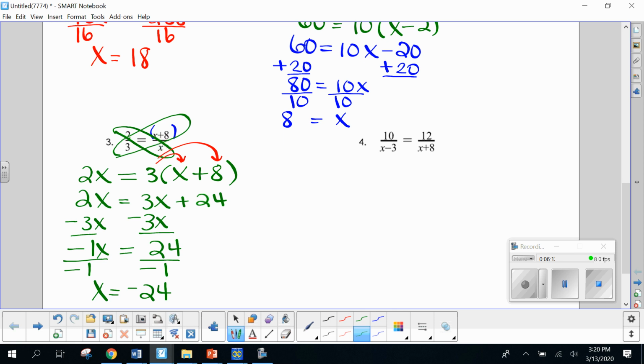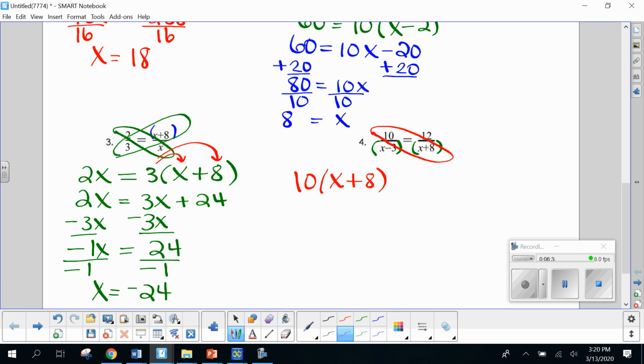Okay? Last one. Example number 4 has 2 binomials. The 2 binomials are right here in the denominator. Again, we're going to cross multiply. I'm going to multiply 10 times the quantity x plus 8.